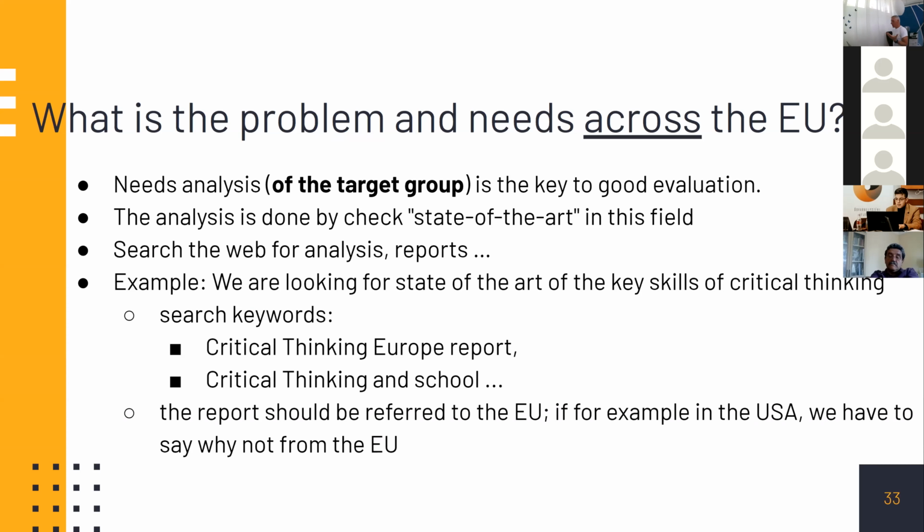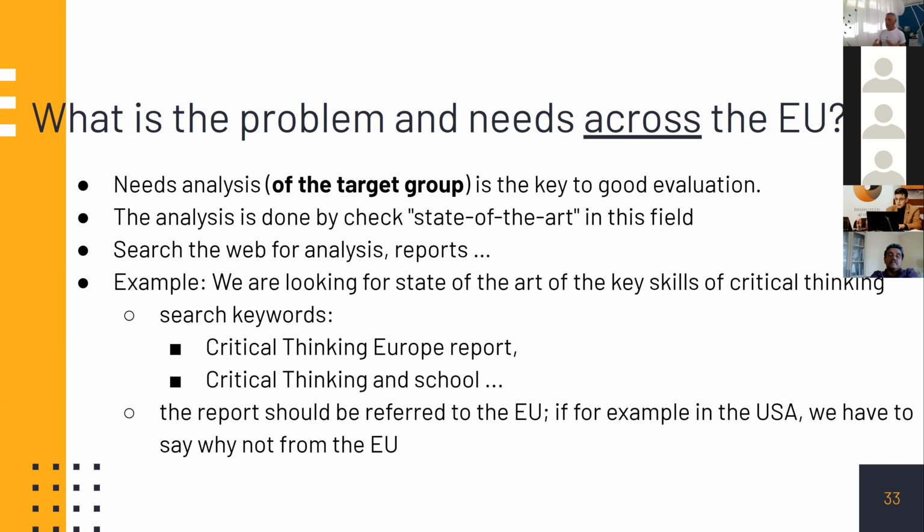For example, you will find a lot of examples from the USA or Asia, but it is important that you are referring to the European Union, because you are funded by the European Union. We need to cover the problems in the European Union. If there is no evidence about this and you can find it just in the United States, you need to say why not from the European Union.